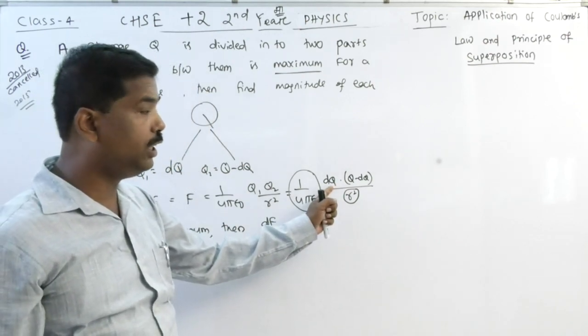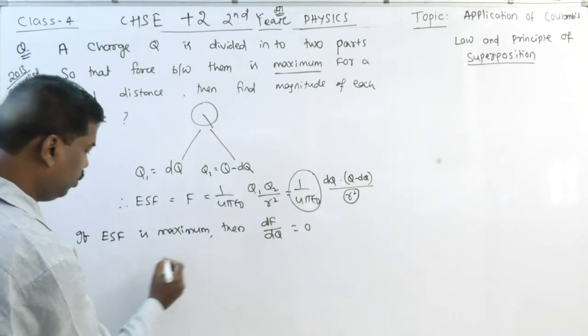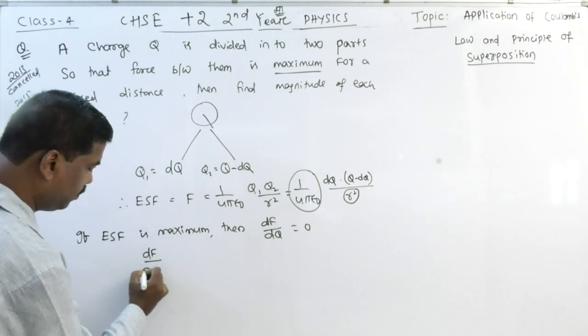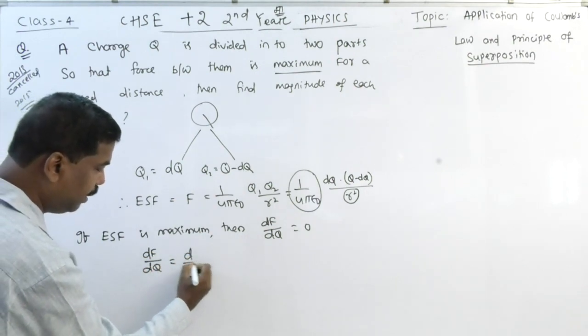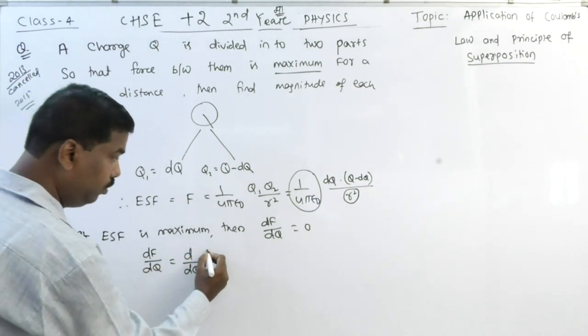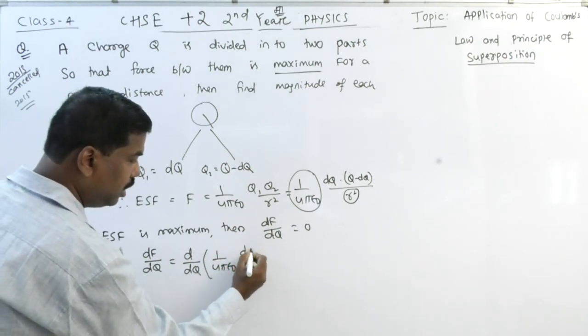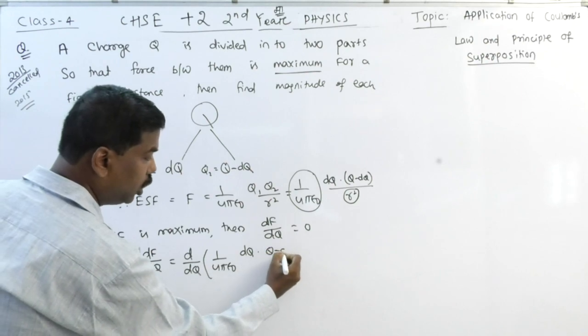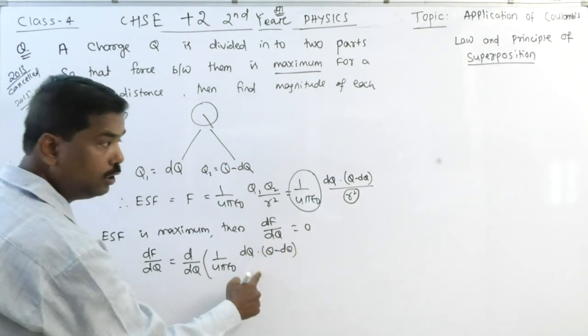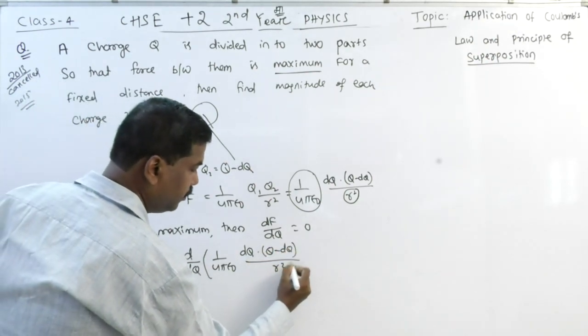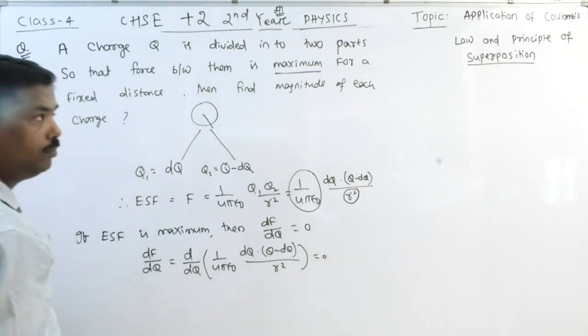The only variable quantity is dq. So dF by dq means d by dq of 1 by 4 pi epsilon 0 times dq into (q minus dq) by r square must be 0.